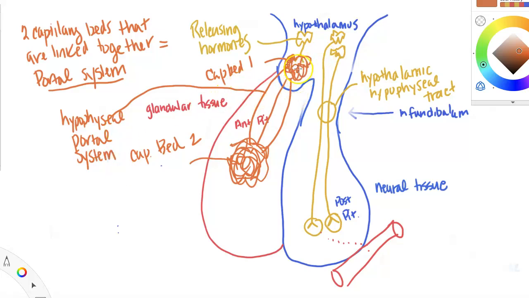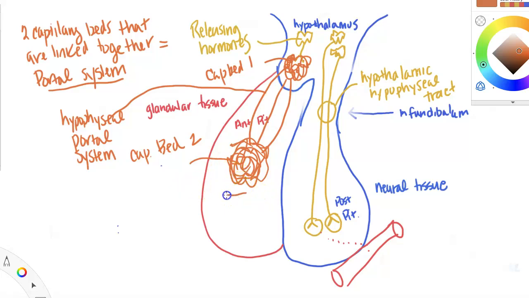So what happens here is that the hypothalamus dumps its releasing hormones into capillary bed 1. They travel down the portal system, or the hypophyseal portal system, into the anterior pituitary to its second capillary bed, where it has cells that produce stimulating hormones.